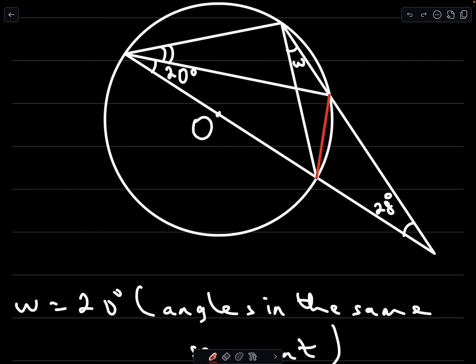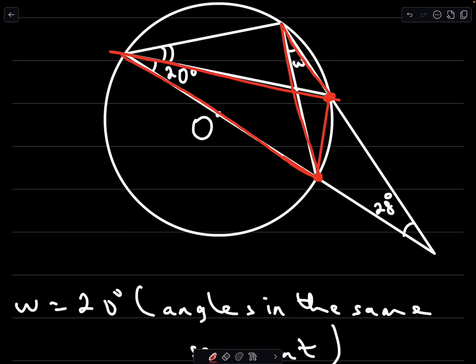And you now see that the two lines that form angle 20 degrees touch the extreme ends of the chord, and the two lines that form angle W, mind you, angle W is formed at the circumference, and angle 20 is also formed at the circumference.